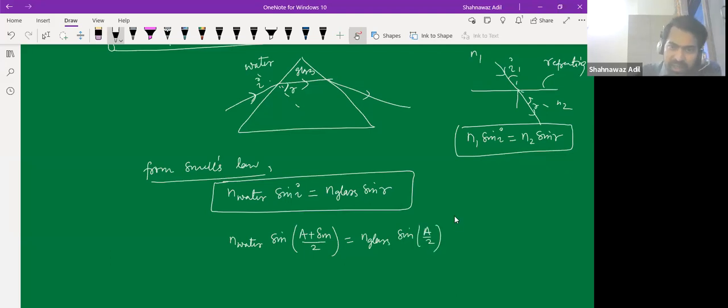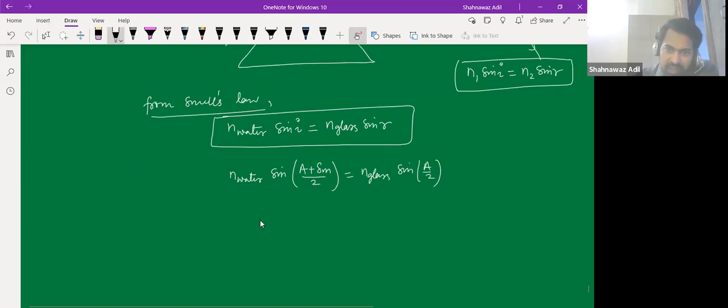So then we will get the relative refractive index, n of glass divided by n of water, equal to sine of (A plus delta m) by 2 divided by sine of A by 2, right?